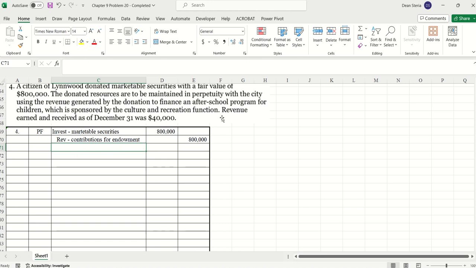And then revenue earned and received as of December 31st was $40,000, right? So we're going to get cash, and we're going to have revenues, investment earnings, and that is going to be 40,000.